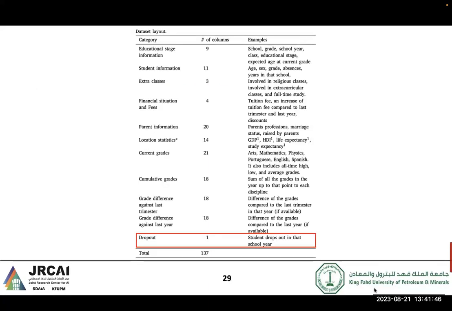We can see here from the data, we have bigger data. We have 157 attributes, and the target, as we have mentioned, is to predict whether the student will pass or fail. Of course, we have different attributes, as you can see here. We have information for the education, the score, the grade, student information, extra class, financial situation, birth information, location, statistics, the current grades, the cumulative grades, and so on.